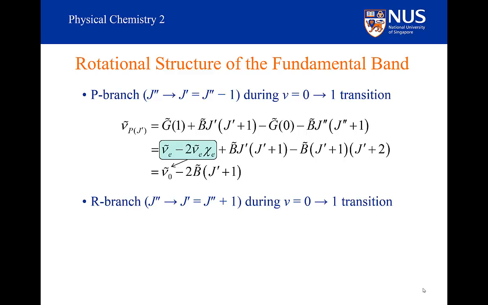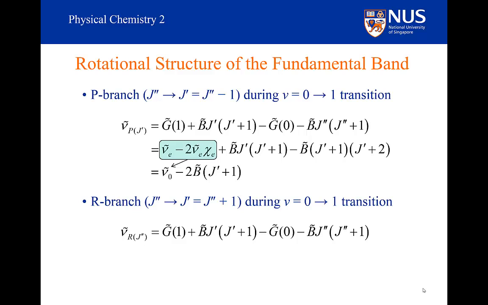We can do exactly the same for the R branch. In the R branch I go from J double prime to J prime again, but I can write J prime in terms of J double prime because for the R branch J goes up by 1, so therefore J prime must be equal to J double prime plus 1.